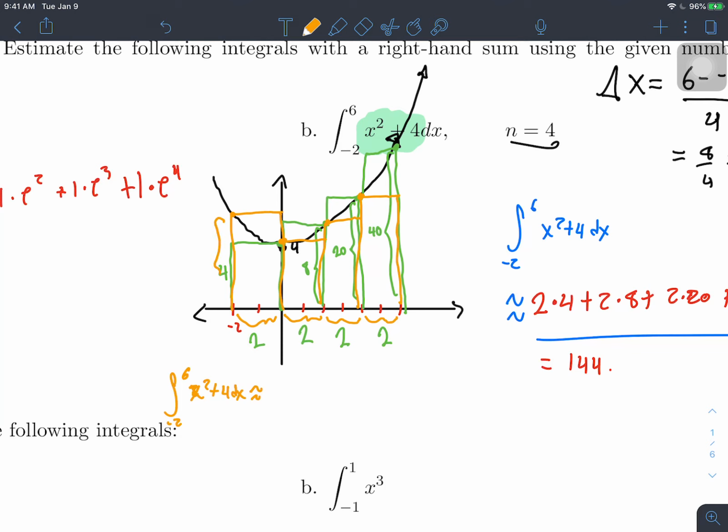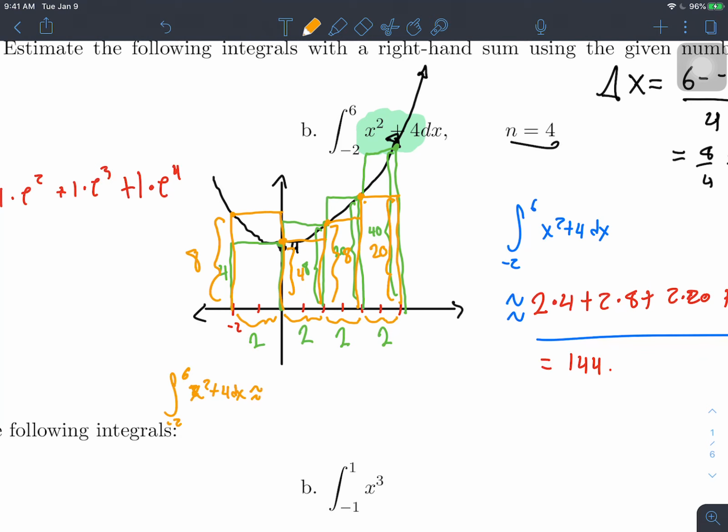This height would be 8, and then at 0 this one's going to be 4, and then this one here is going to be 8 again, and then this one is going to be 20.